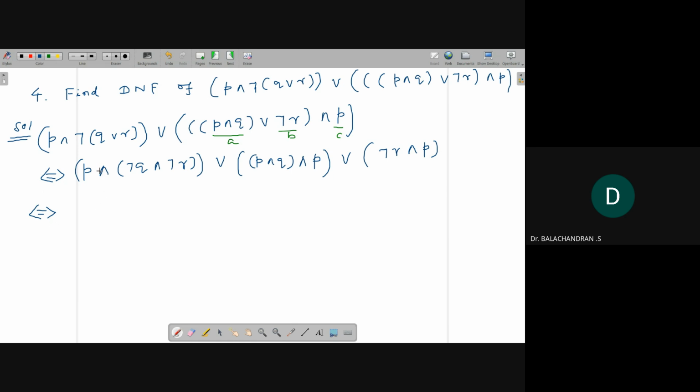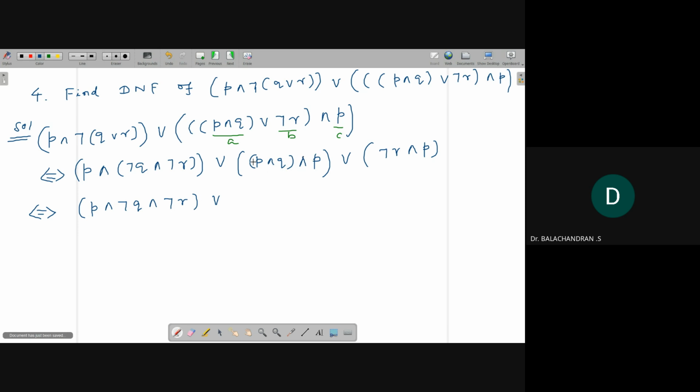So again, here you can apply. Okay, here everywhere you have and, so that's why you can put P and negation Q and negation R, or here everywhere and.